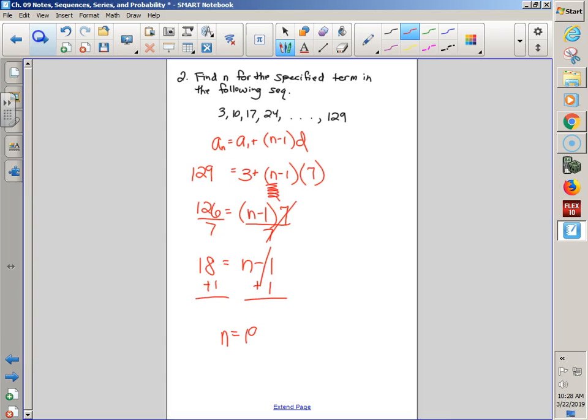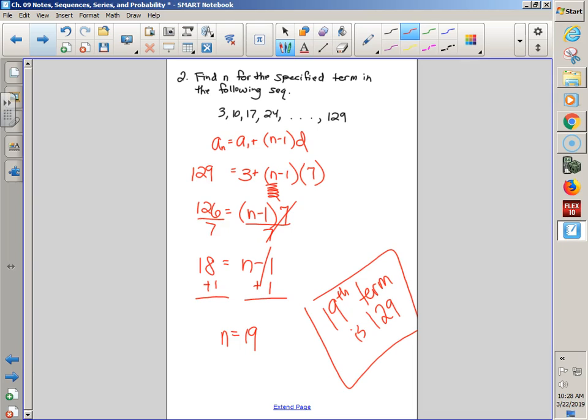It's the 19th term. Took 18 jumps, and since it took jumps, it must be the 19th term. Does that kind of make sense? Putting all the things together, all the clues? So that's kind of cool.